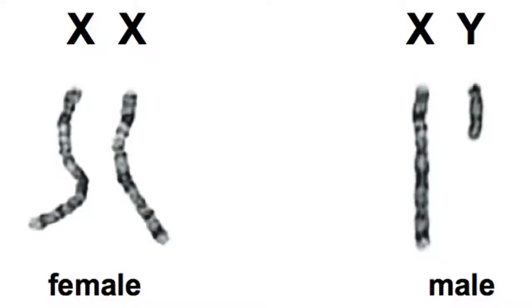Now another man by the name of Thomas Hunt Morgan, right around the year 1907, he studied as well, but his focus was on chromosomes and genetics. He actually found that women have chromosomes that are the same shape.